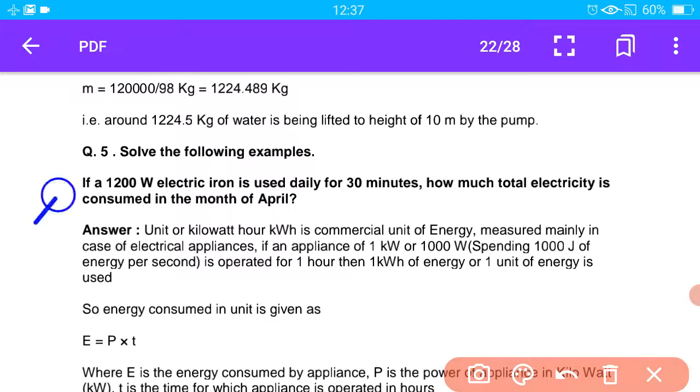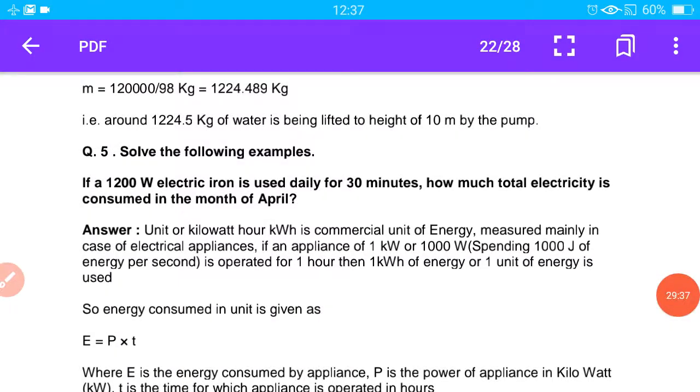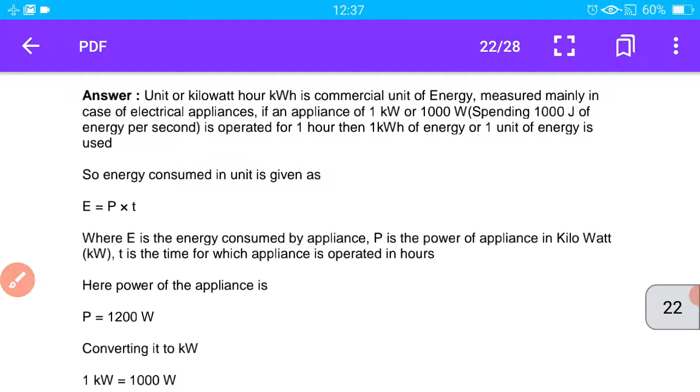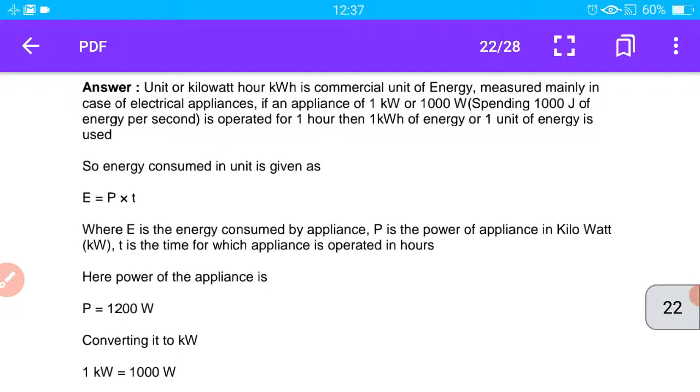Next question: if a 1200 watt electric iron is used daily for 30 minutes, how much total electricity is consumed in the month of April? Okay, you can see the answer.